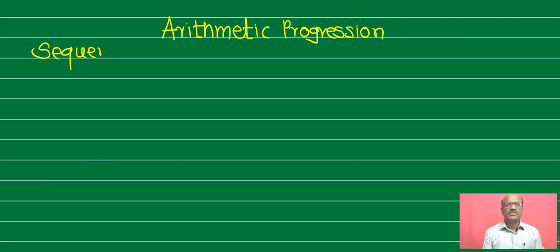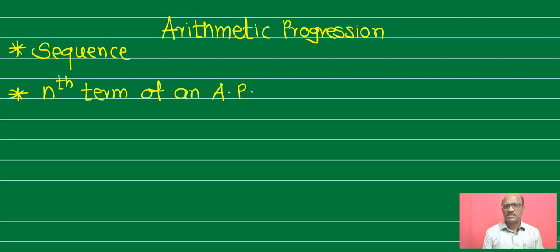Now the first topic is, what is meant by the sequence? 1, 2, 3, 4, 5 up to infinity. That is the natural numbers sequence. Then we see the nth term. How to find the nth term of the sequence, or if the sequence is in AP.